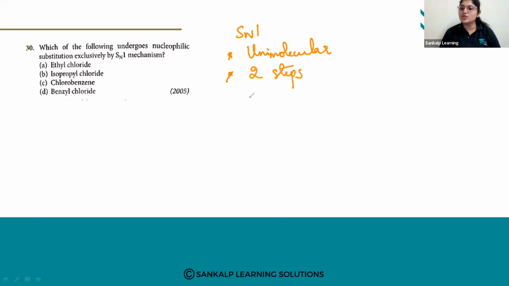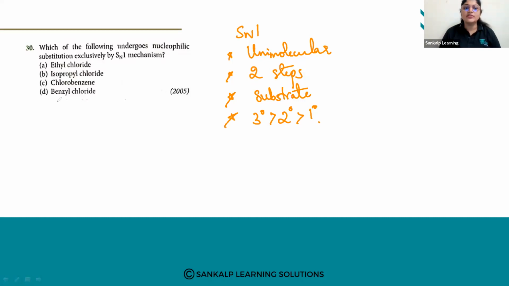The first step is a slow step where there is formation of carbocation. In the second step, the attack of the nucleophile takes place and it is a fast step. The rate of the reaction depends only on the concentration of substrate, and on the stability of the carbocation. Tertiary is more stable than secondary and primary.